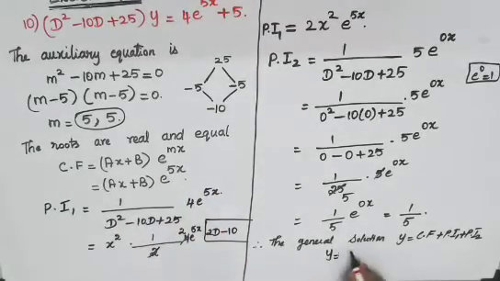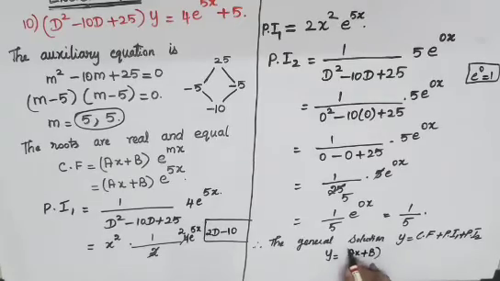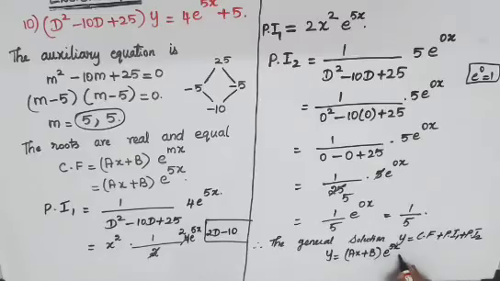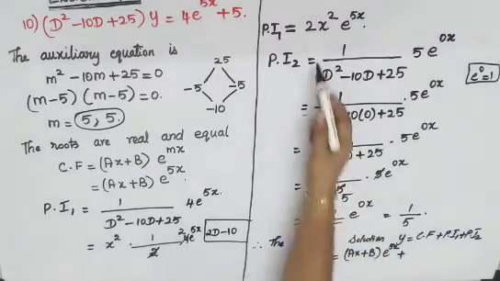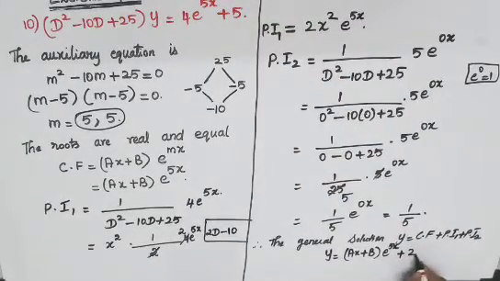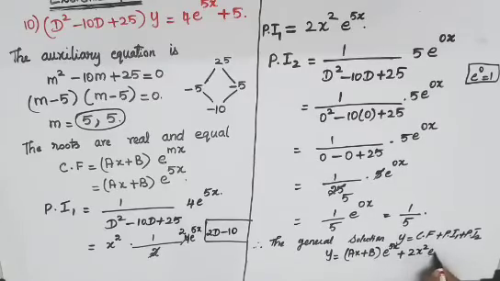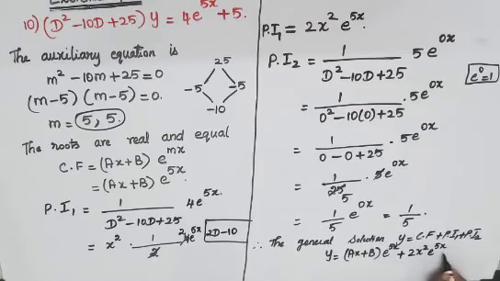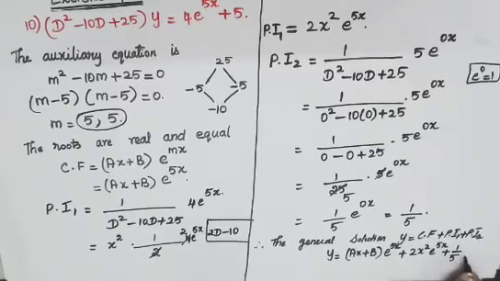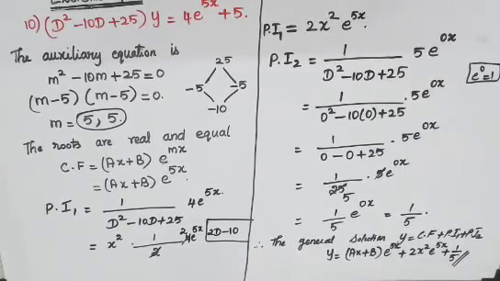So that answer, that is (Ax plus B) into e power 5x. That is your CF plus PI1 answer is this answer. So 2x square e power 5x plus PI2 is 1 by 5. So 1 by 5. So this is your answer for your 10th question.